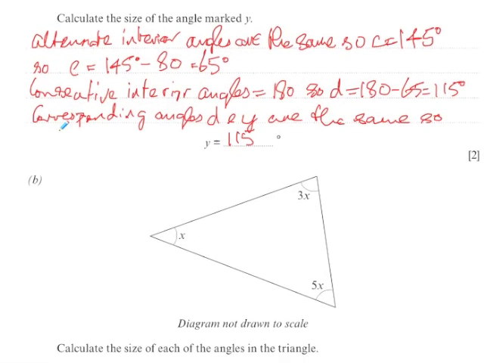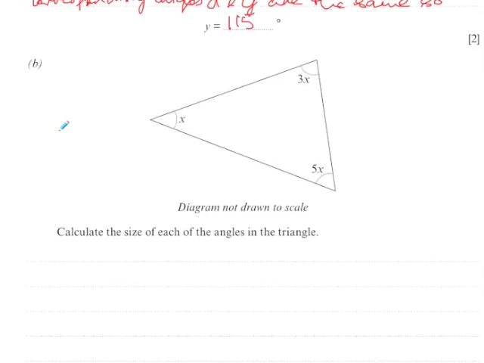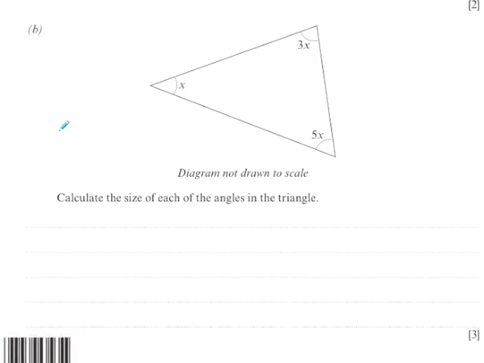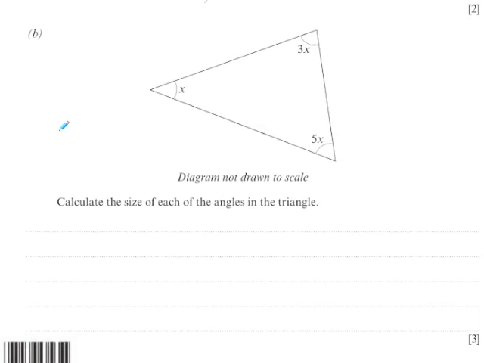Now there are 2 parts to this question. This is more of an algebra question really. All you need to know in terms of trigonometry is that the interior angles of a triangle add up to 180 degrees.